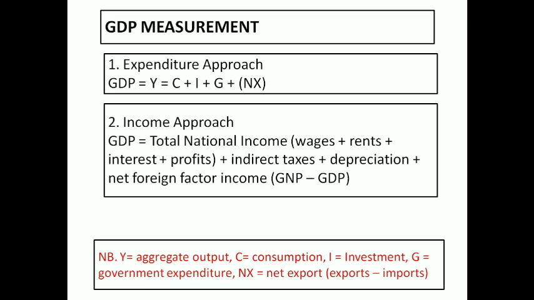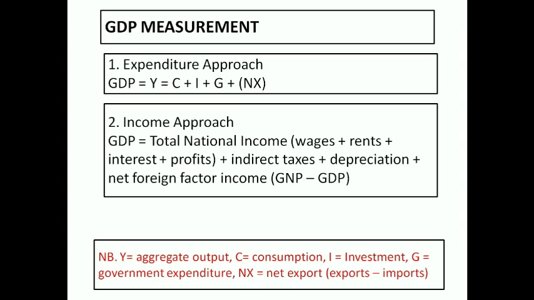The difference is in the expenditure approach, we look at money spent in producing the aggregate output, while in the income approach, we look at the total income in the economy, including tax, indirect taxes, depreciation, net foreign factor income.